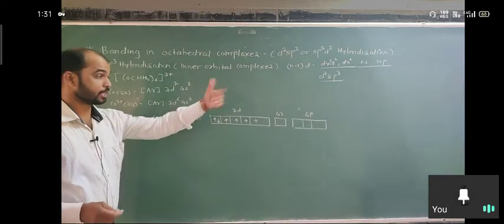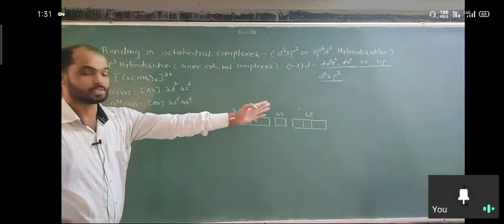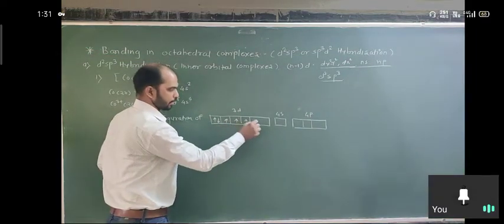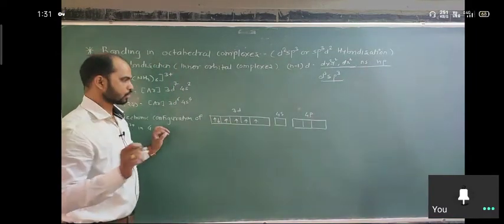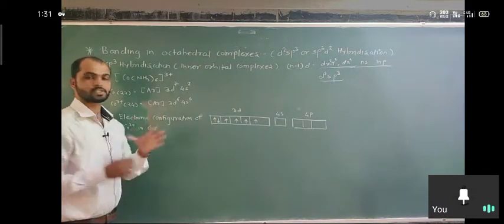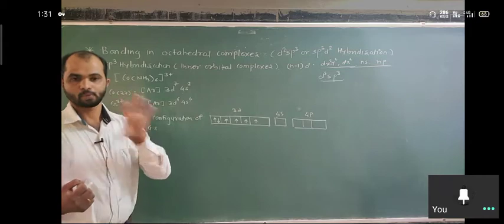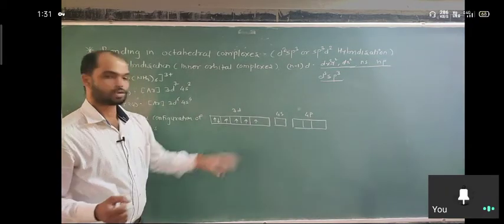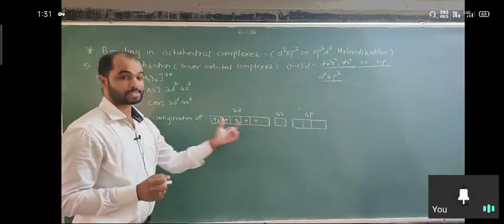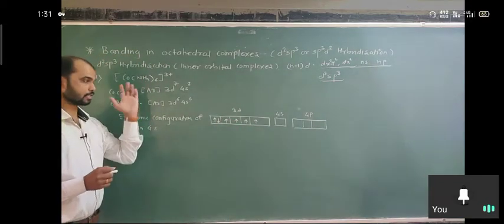If not, then use the outer d, and that time sp3d2 is used. Here there are 4 unpaired electrons in the 3d orbitals, so these electrons pair up. NH3 is a strong ligand which forces the electrons to pair up. Once the pairing energy is supplied by the ligand, it is a strong ligand.